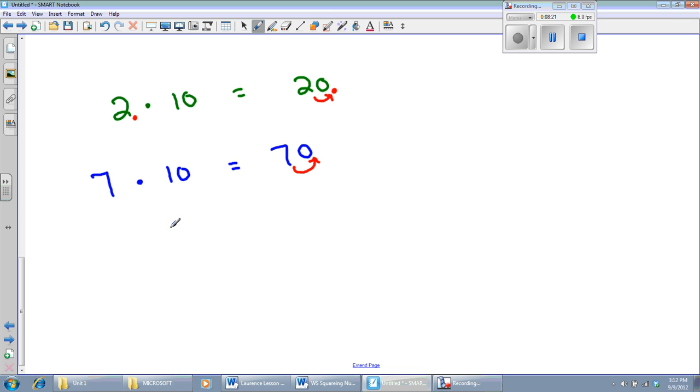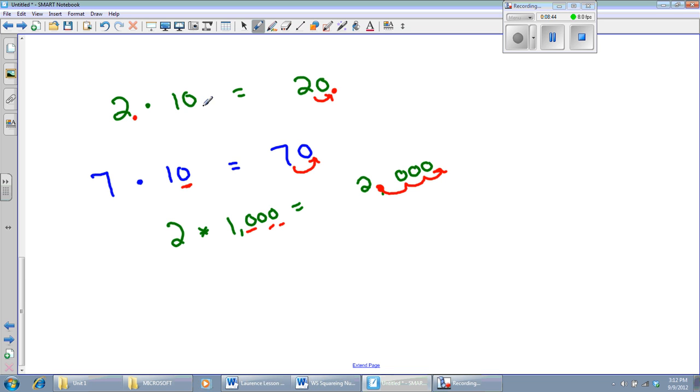Well, 2 times 1,000. I'll bet most of you know that it's 2,000. Well, it's just like the decimal point, which was behind the 2 to start with, went 1, 2, 3. Why did it go 3? I wonder why it went 3, but on a 70, it only went 1.